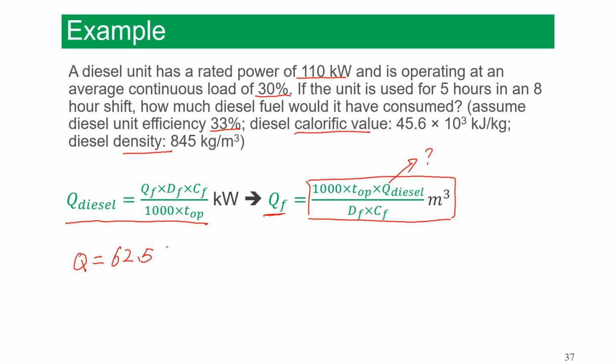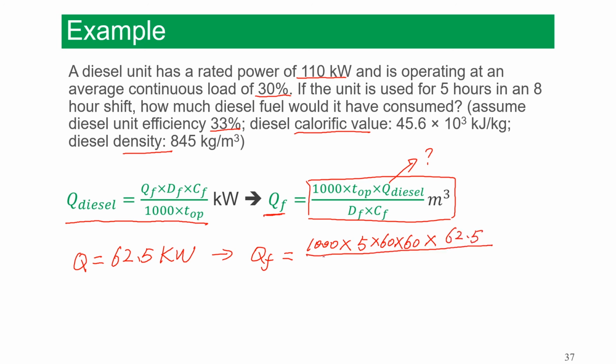62.5 kilowatt. Therefore, QF equals 1000 by 5 hours, converted to minute, converted to second, by the heat generated from this diesel equipment, 62.5.